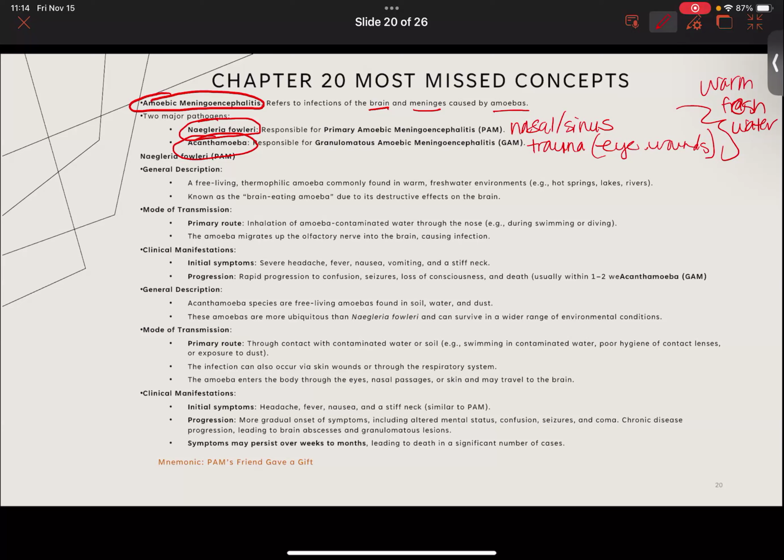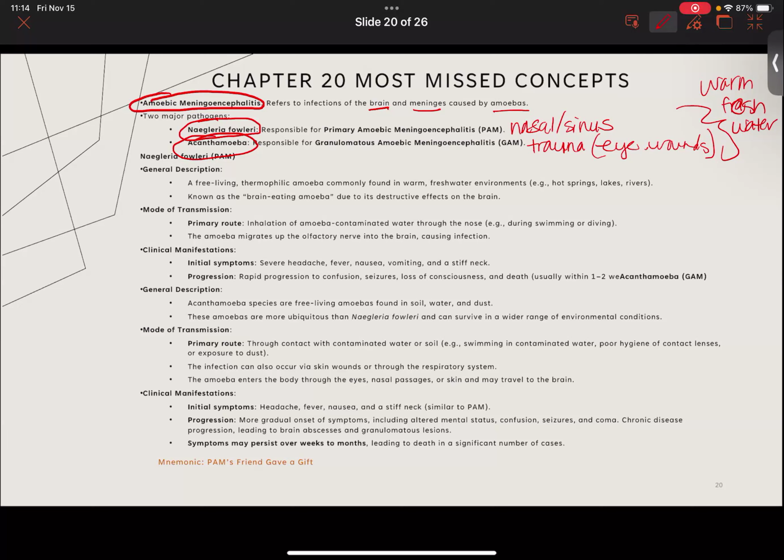So by fresh, I don't mean clean. By fresh, I mean it's not salinated, right? So that's our general knowledge group for these concepts, usually through water. Naegleria fowleri is through the sinus cavities typically. Acanthamoeba is through like eye abrasions, like what you have with contact lens wearers, or scratches in the eye or cornea, or open cuts and wounds and things like that.